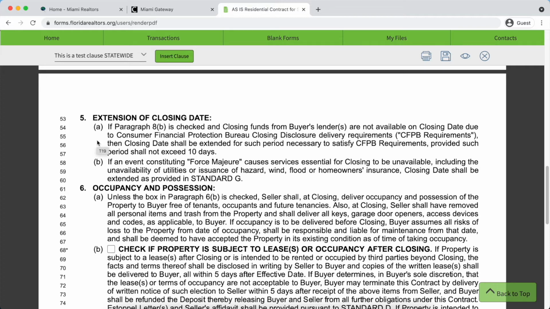So let's say the storm passes, or we really don't get hit by the storm, but we've got some outer bands or whatnot. Just the fact that we were under a hurricane warning, the lender is more than likely going to require, at a minimum, a drive-by by the appraiser of that property.